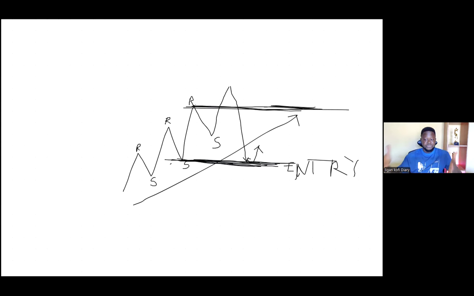Now, it is not necessary that you target from here up to here. Sometimes you can target only maybe from here up to somewhere here. Someone can also target from here up to somewhere here. So maybe yours is from here to here, another person's is from here to here, although they know that the next stop is going to be the top here, which is this ceiling over here.